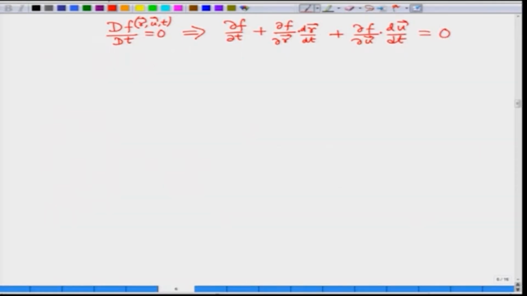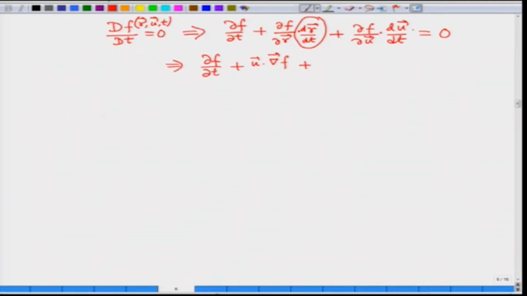So, what is this? This is del f del t, okay, but what is dr dt? So, dr dt is nothing but the particle velocity itself again, right. This is the total time derivative of the position. So, this is nothing but u dot gradient of f. So, this is gradient of f plus this one is du dt.